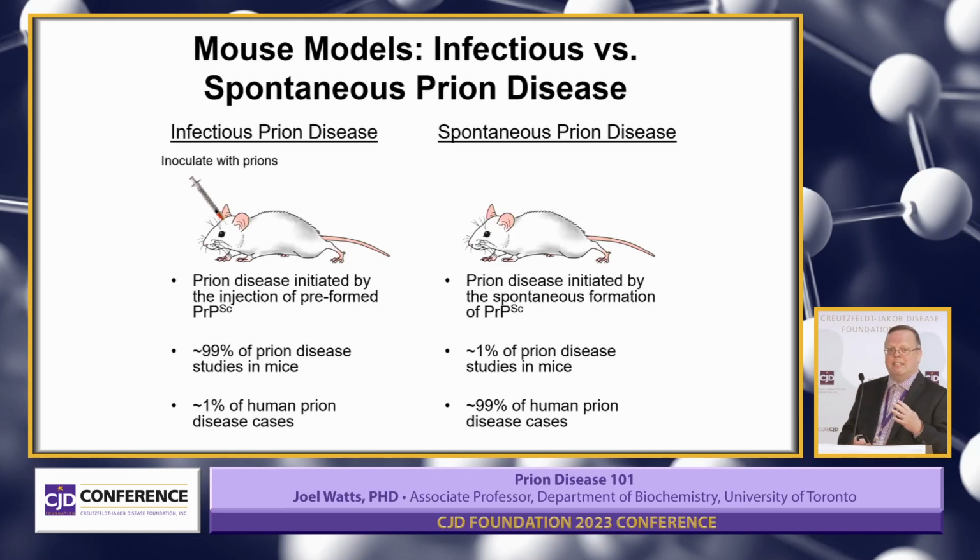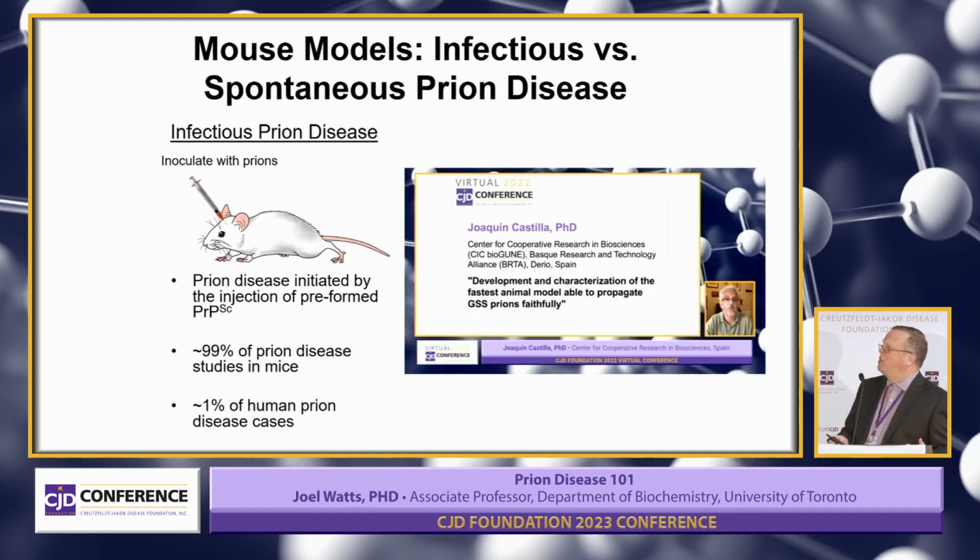And studying this in mice has proven to be much more challenging, and it's something that's still being worked on. So one of the talks tomorrow is from Dr. Joaquin Castilla, who's going to be talking. He's an expert in both of these different types of mouse models. And he's going to be talking about his really exciting work on developing a paradigm for studying GSS using mouse models.